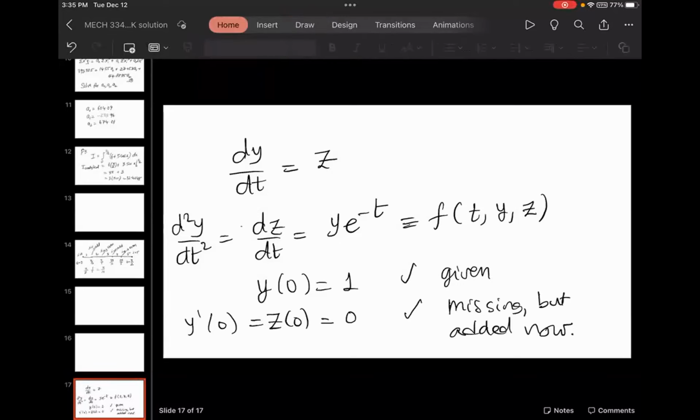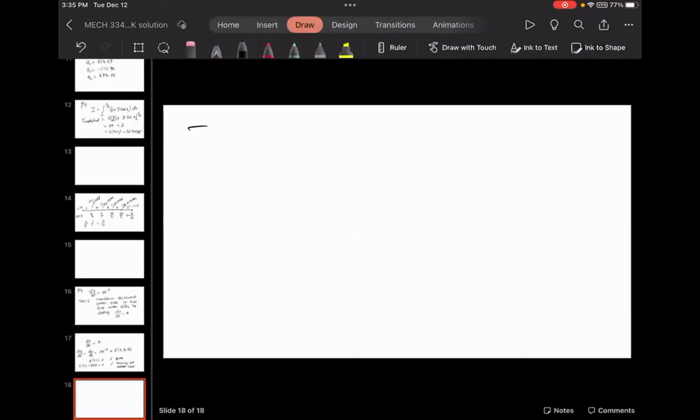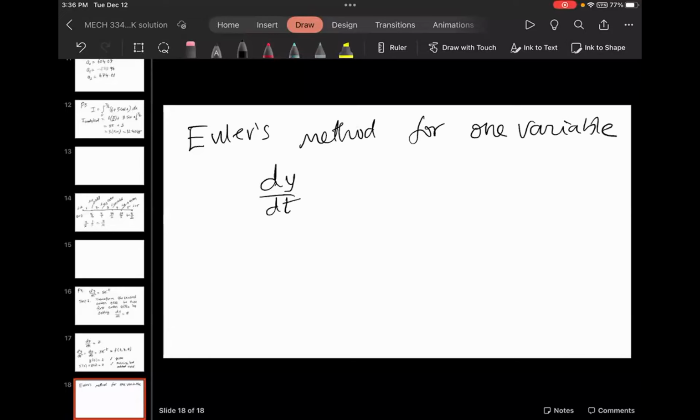So to do that, the next step is write down the Euler's method for one variable. That is, if you have dy by dt, or to avoid confusion, I'll write this as you have dx over dt equal to f of x comma t.